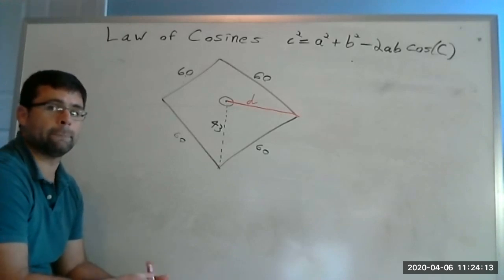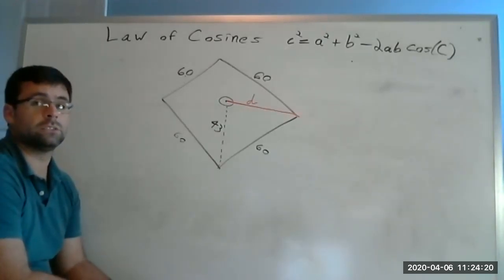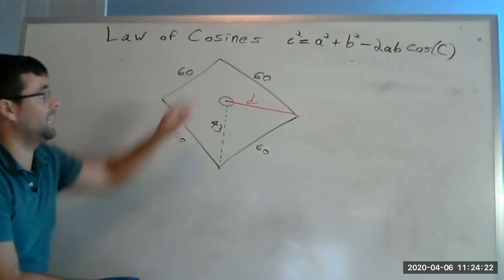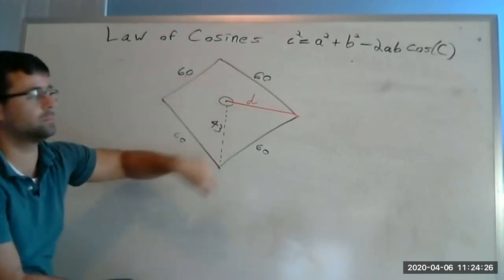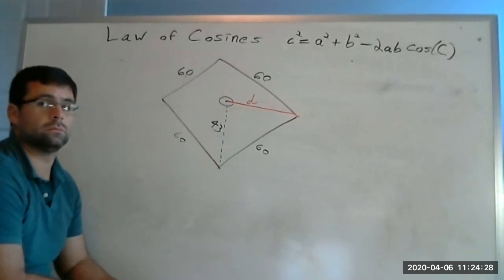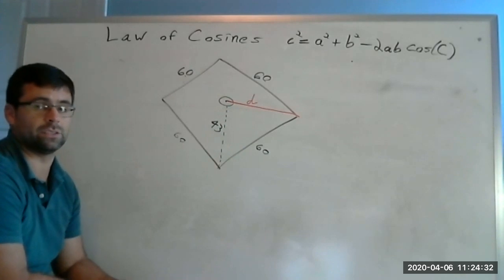You mean a squared plus b squared equals c squared? No, because it's not 90 degrees. So if it was halfway between, then this would be a right triangle, but it's not. It's actually a little bit closer to second base than it is to home plate.